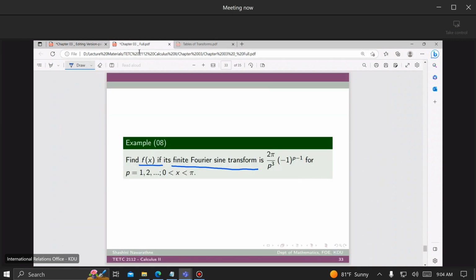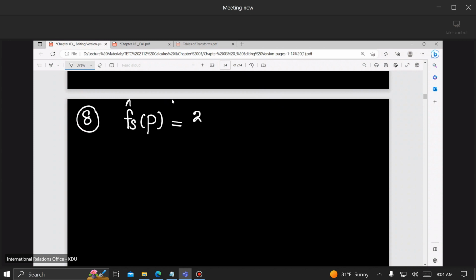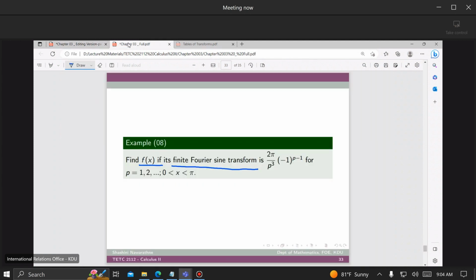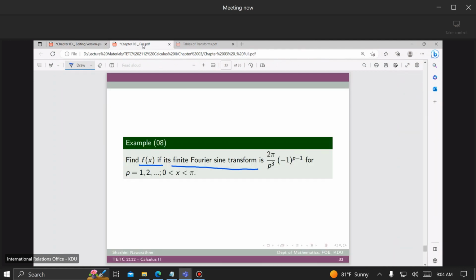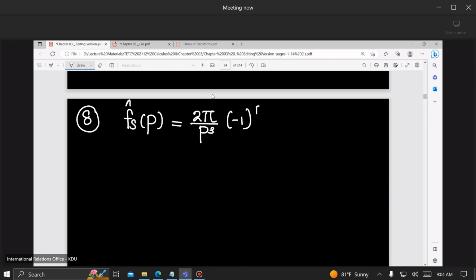It is equal to 2 pi over p to the power 3, times minus 1 to the power p minus 1. So this is the finite Fourier sine transform of the function f of x, and you are asked to find the function f of x.